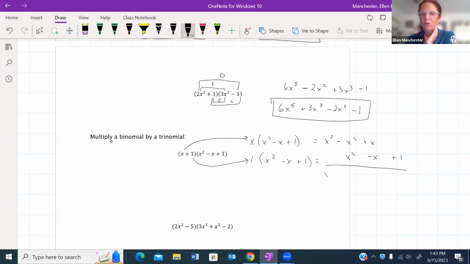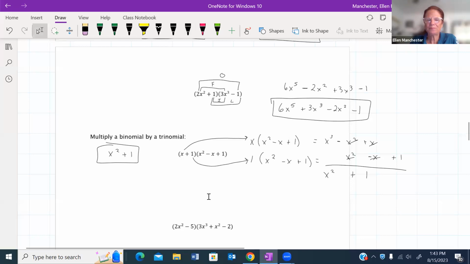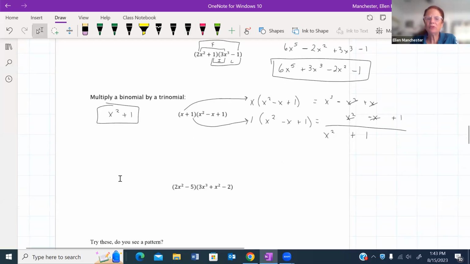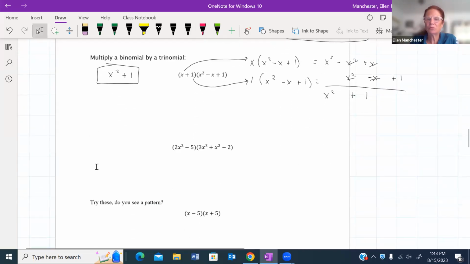So x cubed gets brought down. My x squareds cancel. My x's cancel. And all I have left is x squared plus 1. Okay. And the better you get at this, the faster it will be. It will be much faster.